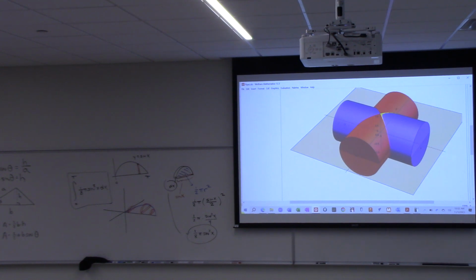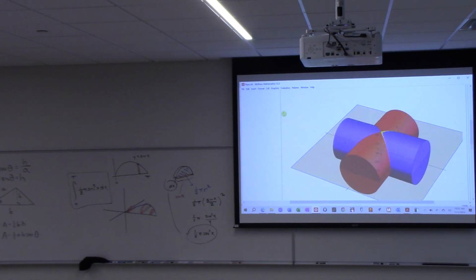If you take the volumes of the red and the blue and add them together, you then need to subtract whatever they had in common because you've counted it twice. So what do they have in common?